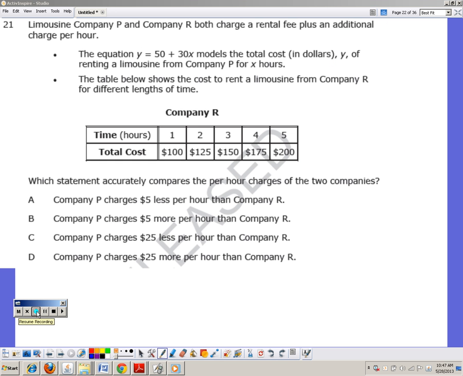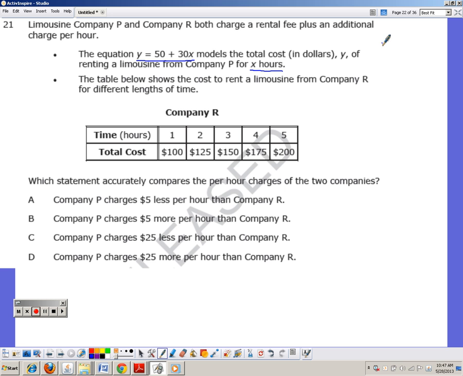Alright, to solve this, first we've got to find the price per hour. Right? Since company P uses this equation, the price per hour is x. So we're going to replace x with 1, because 1 hour will tell us how much we earn per hour.